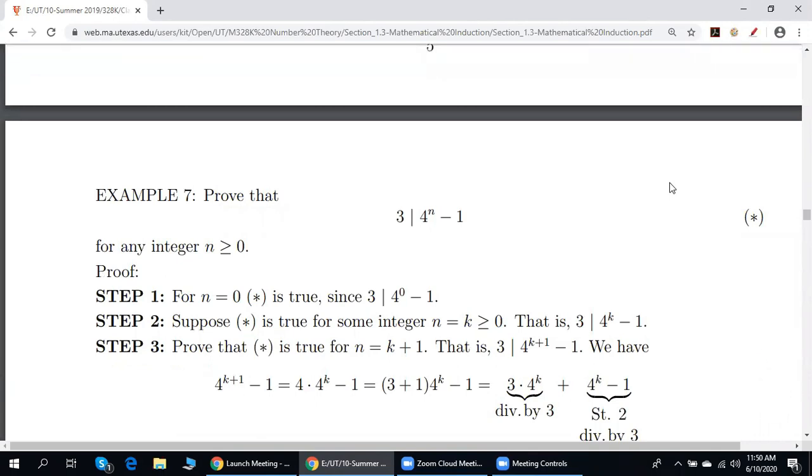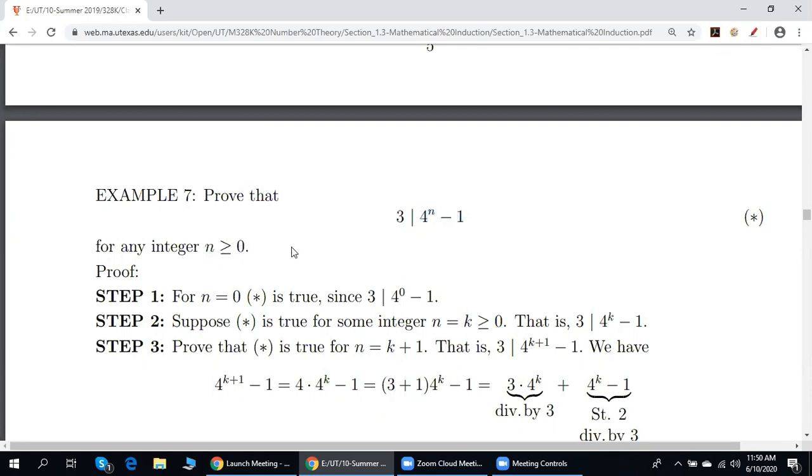Next type of problems. Problems about divisibility. This vertical bar means divides. Prove that 3 divides 4 to nth power minus 1 for any integer n greater or equal to 0.